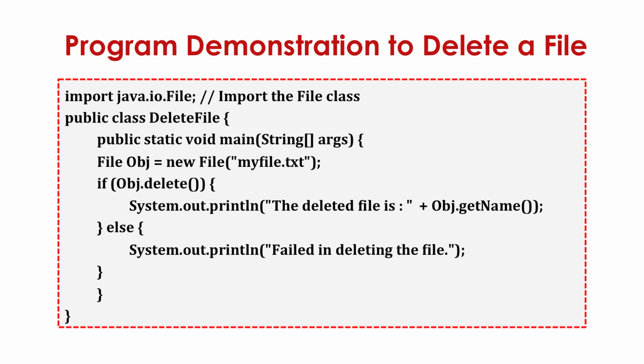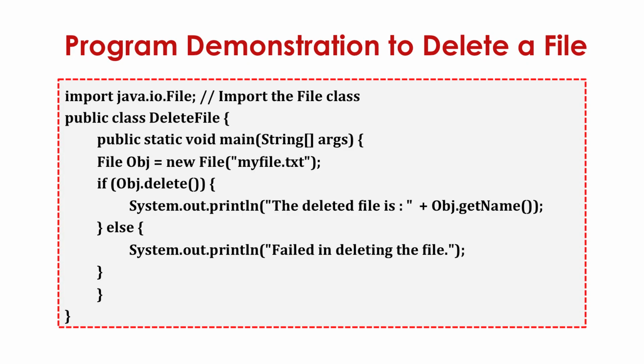In that case, we have imported the File class only, and one user defined class is declared, DeleteFile. As in the earlier fashion, the main function is described there, and the object of the File class is declared, and a new file myfile.txt is created.